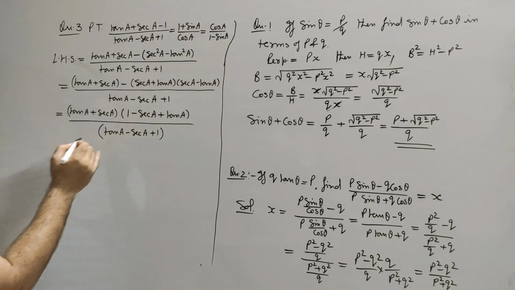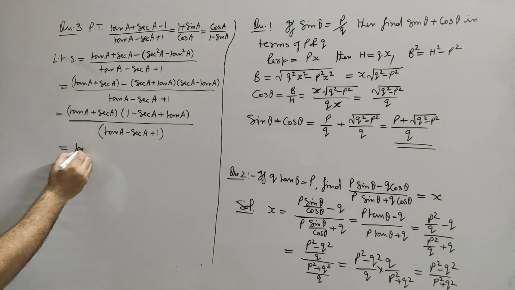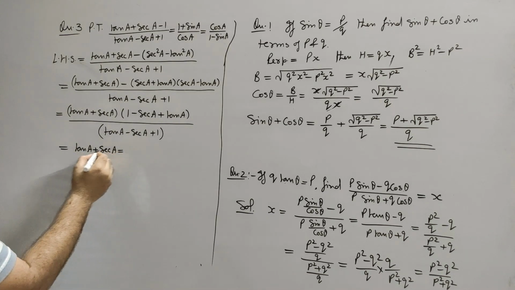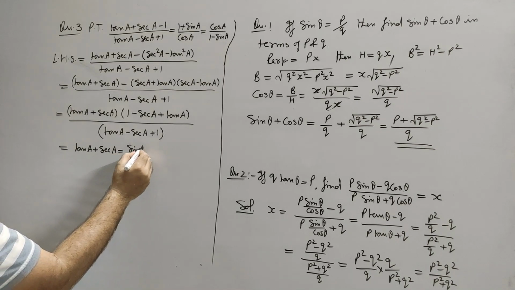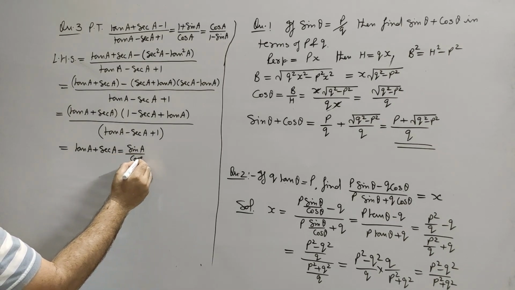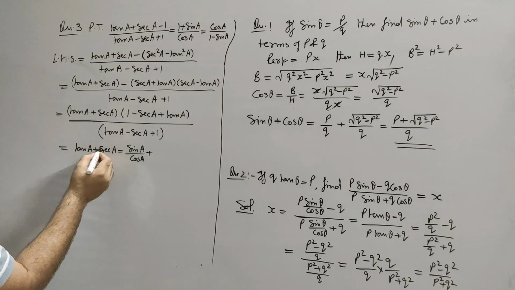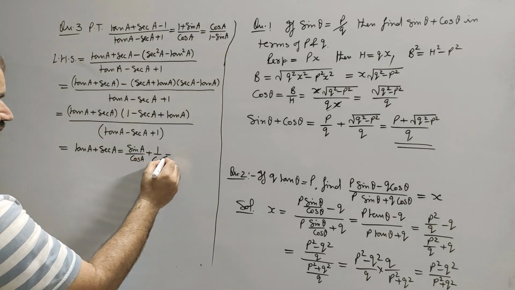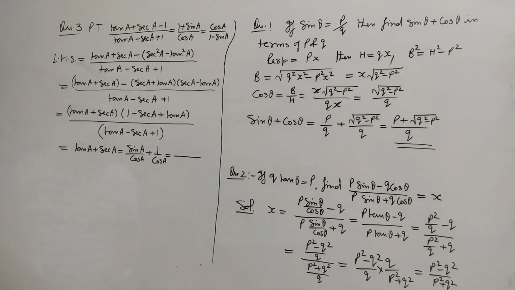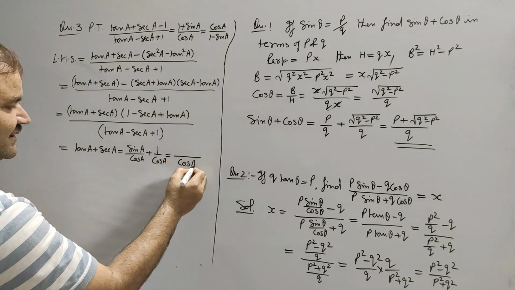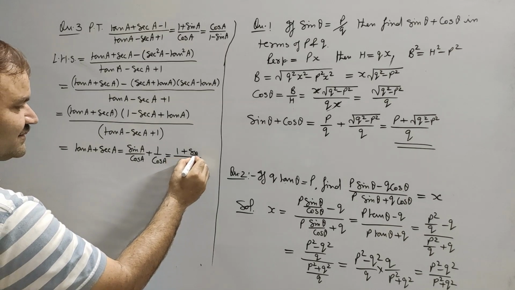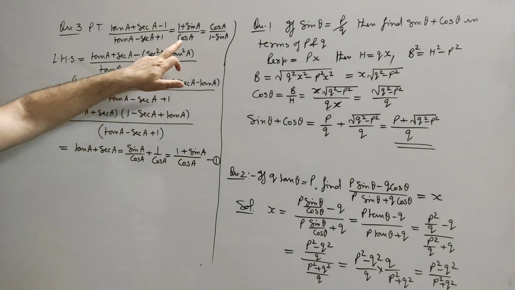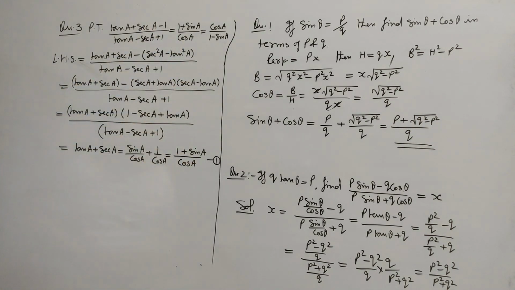So these two will get cancelled and we will get tan A plus sec A. Now what is tan A? Tan A is sin A upon cos A, while by reciprocal relation sec A is 1 upon cos A. Cos A will be the LCM and we will get 1 plus sin A upon cos A, and it will prove the first relation.